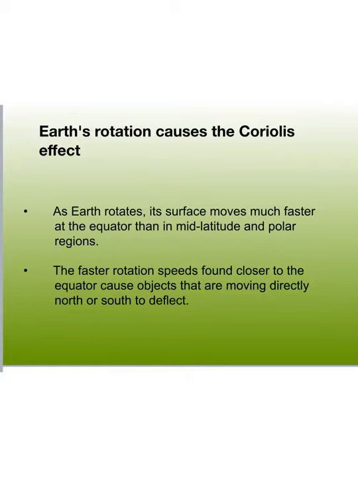As Earth is rotating, its surface moves much faster at the equator than it does in mid-latitudes, like the northern and southern pole regions. And it's this faster rotation speed found really close to the equator that causes objects that are moving directly north and south to deflect.